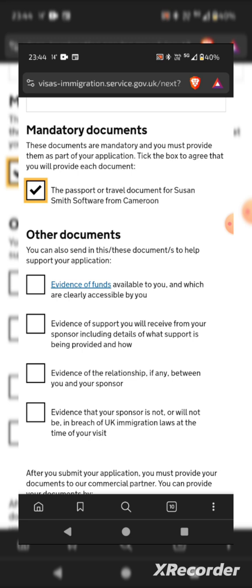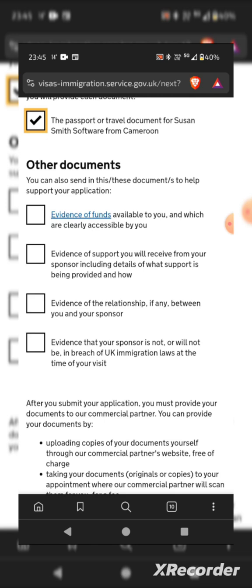This is why I said that whoever is sponsoring you needs to say clearly how much they are giving you, how they are going to sponsor you, how they will send you the money, and all those things. They need to state it there clearly and with evidence like bank statements, pictures of their cards or their ATM cards, all those things have to be attached there.